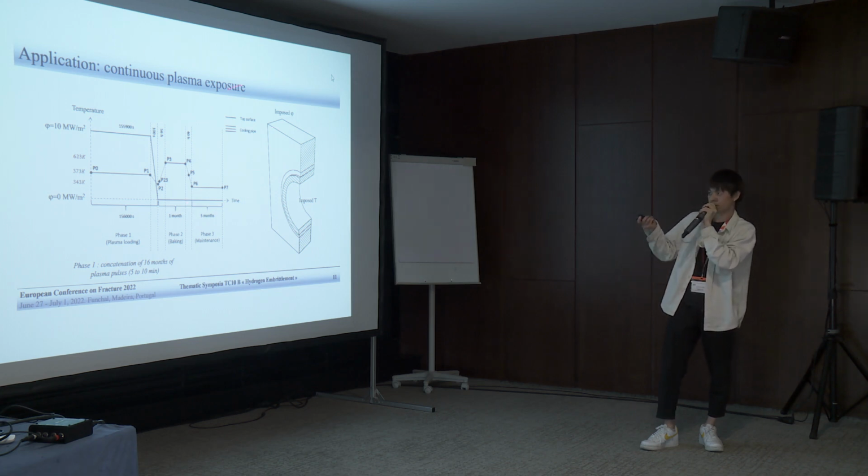We have imposed a constant thermal flux of 10 megawatts per square meter at the top surface, and it stops at the end of phase one until the end of the whole simulation.